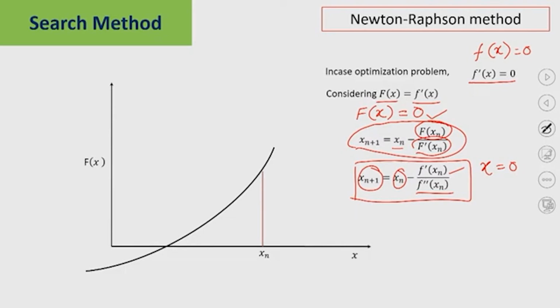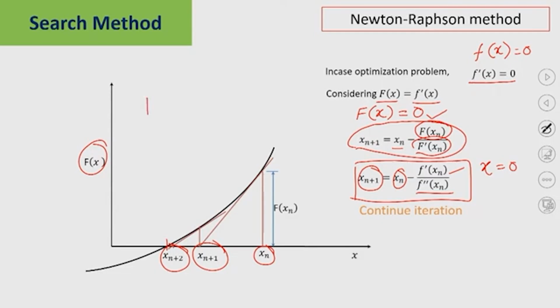Now, this is your capital F x, and this is the starting point, and I will approximate x n plus 1, and then I will approximate x n plus 2. After some iterations I will get the root of capital F x, that means the solution where capital F x equals 0, and that means the first derivative is equal to 0.